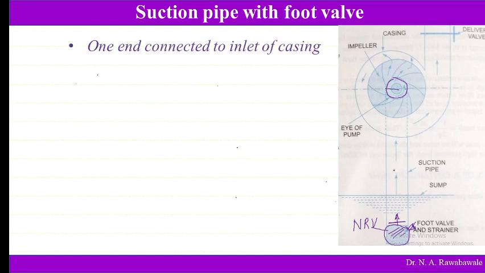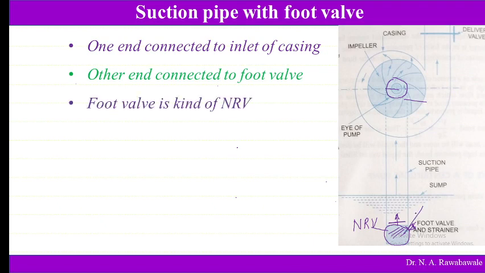One end is connected to the inlet of the casing, and to the other end the foot valve is connected and it is submerged into the water. This foot valve is nothing but a kind of non-return valve. A strainer is connected at the lower end, and to give certain strength to this suction, the strainer is provided, with a spring adjustment there.